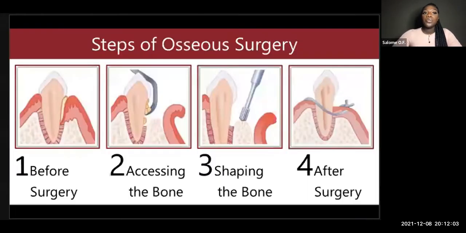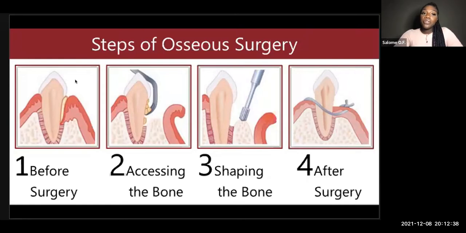We will have to do what we call osseous surgery. The term osseous means bone, so basically it's surgery for your bone. At this point, the damage caused by bacteria has been eating away at your bone. You can see in the picture before surgery, on the left side, the bone has a nice round structure, but on the right side, the bone has been eaten away by the bacteria and the gum tissue is inflamed.